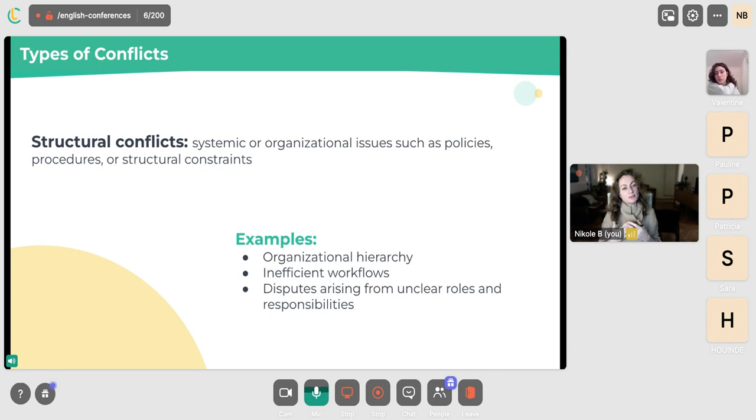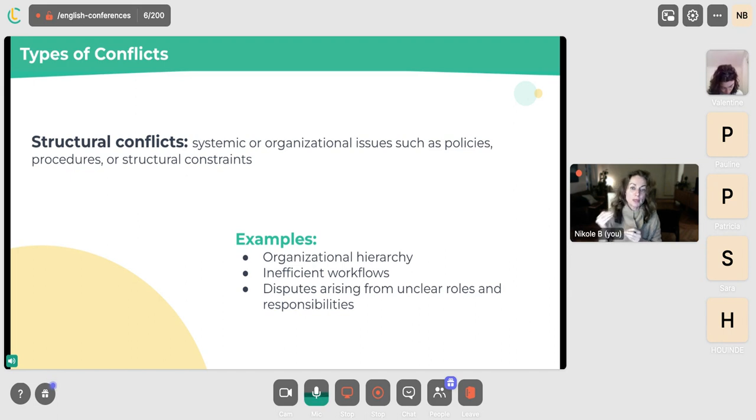And this is usually something systematic. Okay. Where the organization has a certain policy in place or a procedure that creates some kind of a constraint. So let's say there's an organizational hierarchy that causes a certain type of conflict. For example, the hierarchy is very tall, okay? That can cause conflicts between lower levels and higher levels, okay?